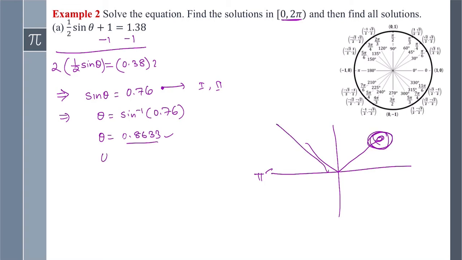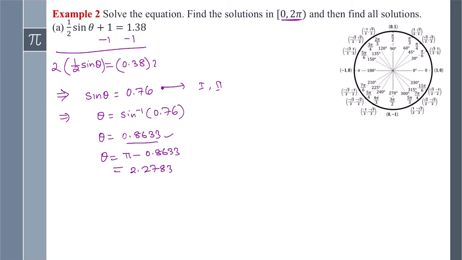So another value of theta is pi minus 0.8633, which is 2.2783. So the solutions in the interval 0 to 2 pi are theta equals 0.8633 and 2.2783.